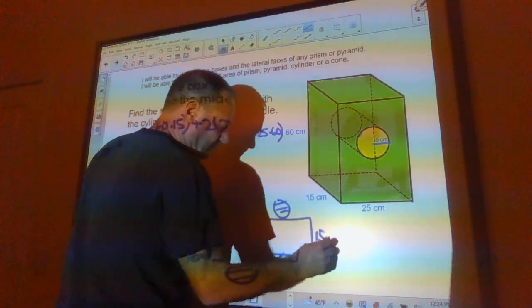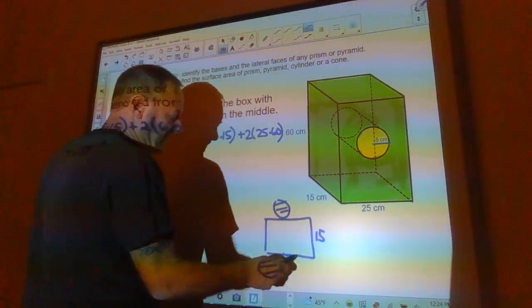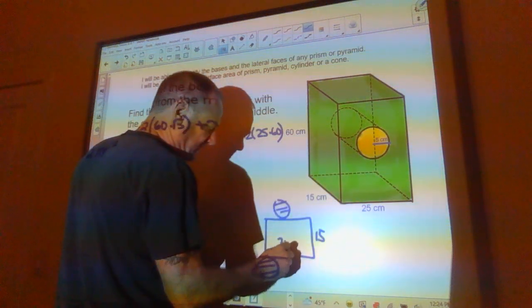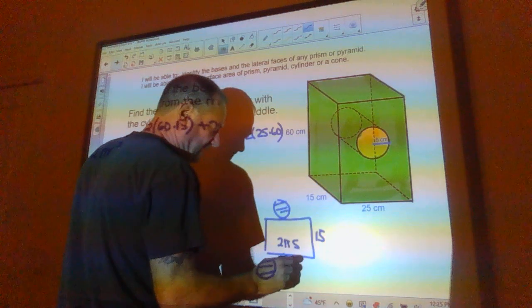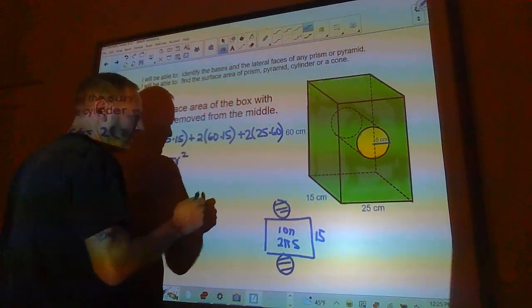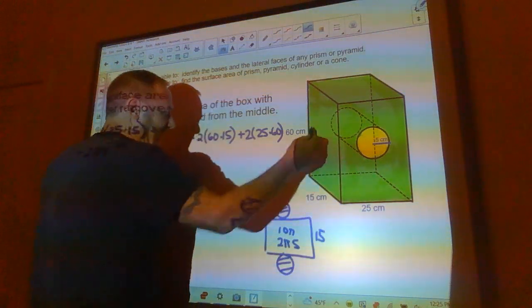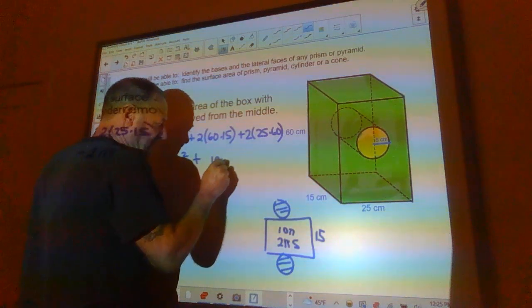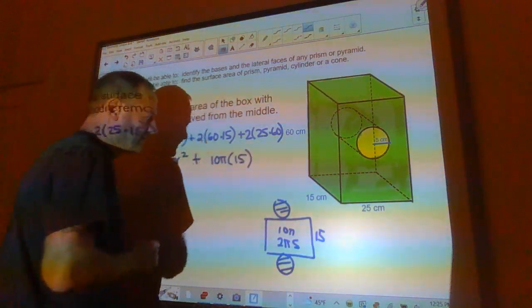So this is 15. The base is going to be the circumference of the circle. So it's going to be 2 pi times the radius, which is 5, which is going to be 10 pi. Okay, so we have to add that back. We need to add the inside of this. So that's going to be the base 10 pi times the height.